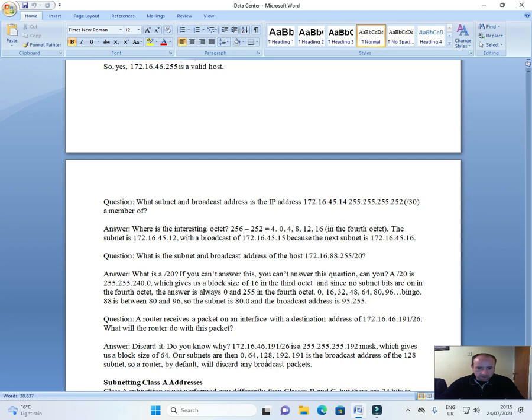Our subnets are 0, 64, 128, 192, and 46.191 is the broadcast address of the 128 subnet, so a router by default will discard any broadcast packets.